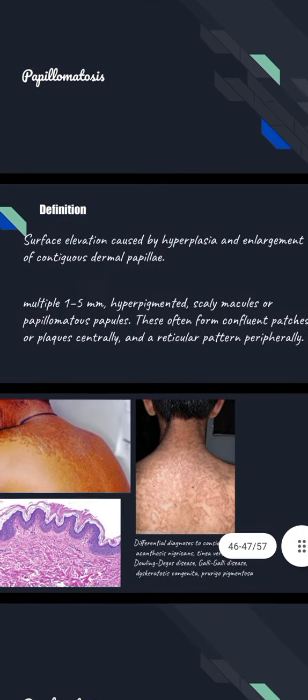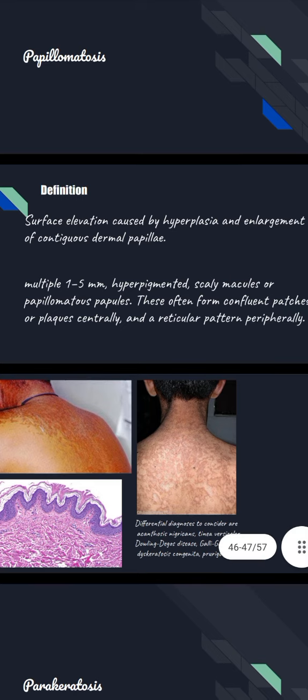The next one is papillomatosis, surface elevation caused by hyperplasia and enlargement of contiguous dermal papilla. Multiple 1 to 5 mm hyperpigmented macules or papillomatous papules.